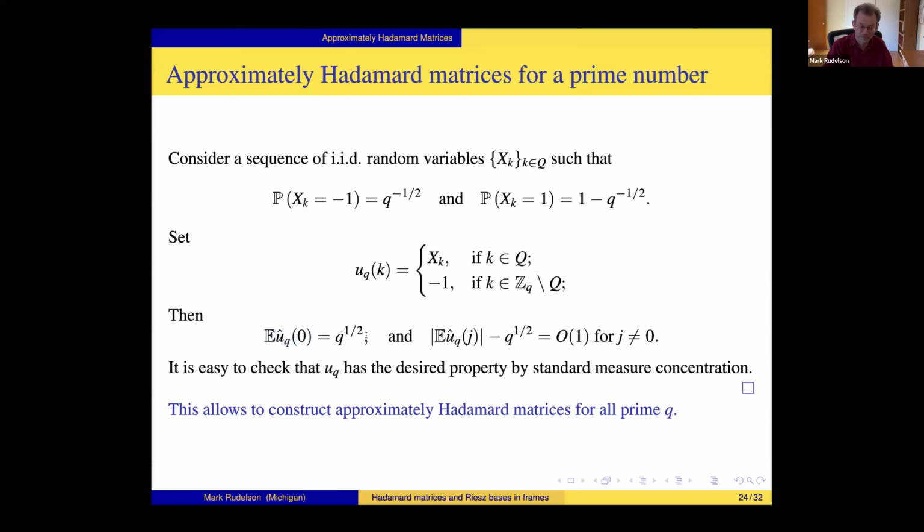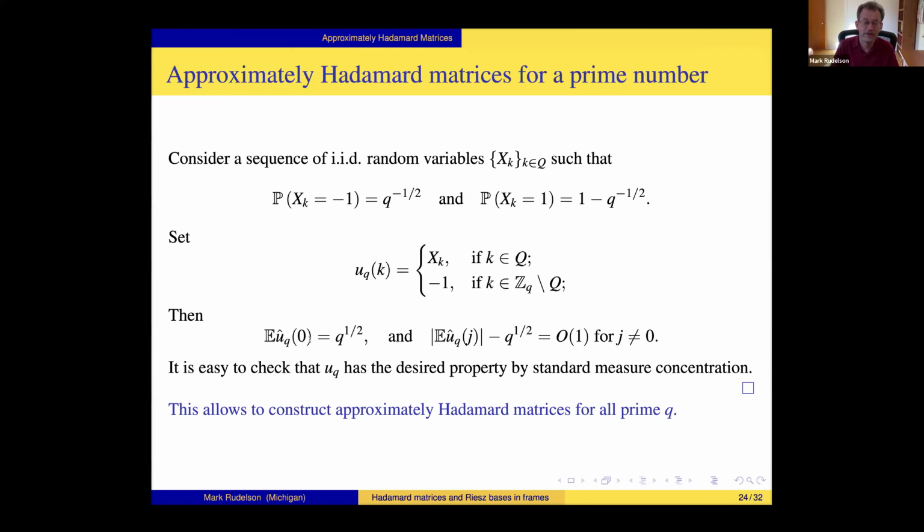And then, again, the Gauss sum calculation shows that the difference of the average value of the other Fourier coefficient and square root of q, which we want, is about 1. Actually, it will be either plus or minus 1. So in average, we are in a good shape.